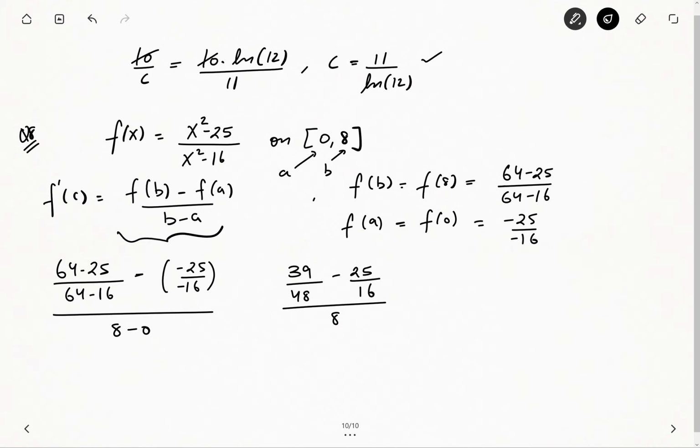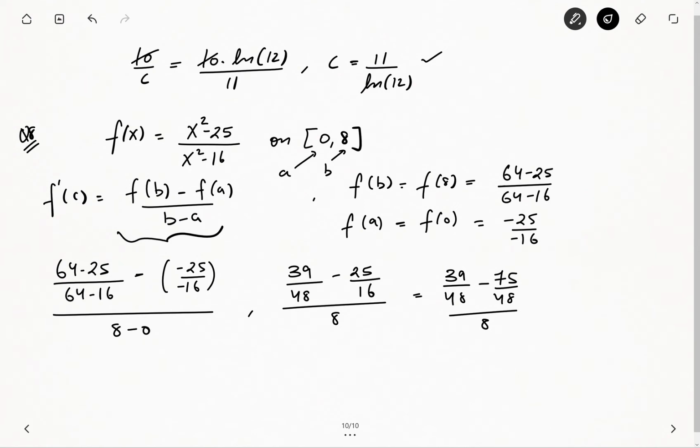So now this could be simplified a little bit more, just because I want to eventually get to that answer. Symbolically, I'll do so. If you want to take the LCM of these two, you can see if you multiply 16 by 3, you get 48. So we can turn this into 39 over 48 minus 75 over 48, everything divided by 8.